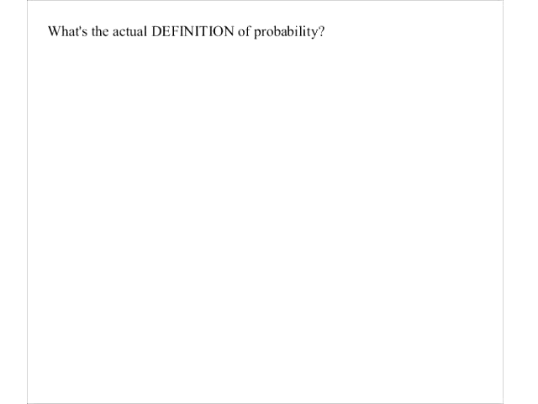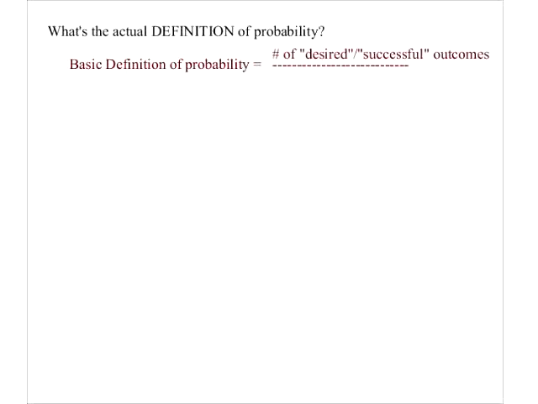So the basic definition of probability is the fraction of the number of desired or successful outcomes over the total number of outcomes that are possible.